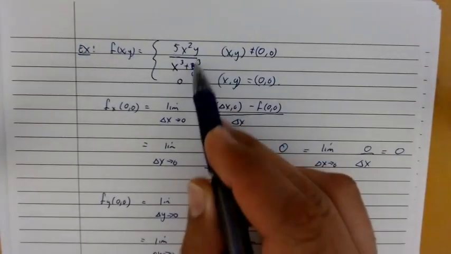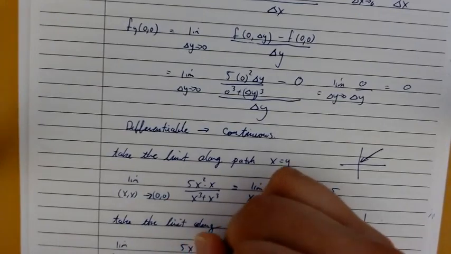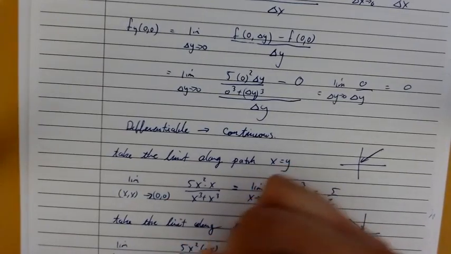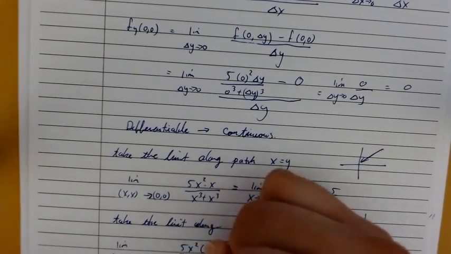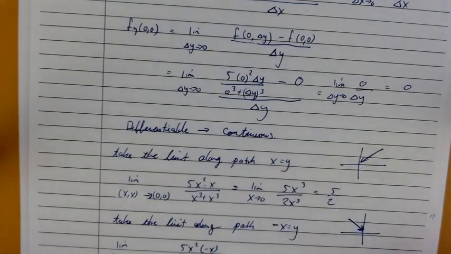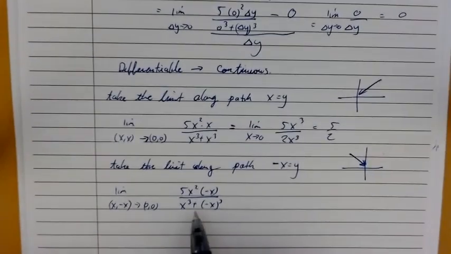So I can replace my y's with negative x. All right, so that'll be 5x squared times negative x over x to the third plus negative x to the third. Well, negative x to the third, that's still going to be a negative.